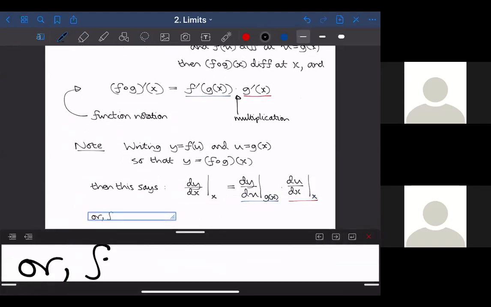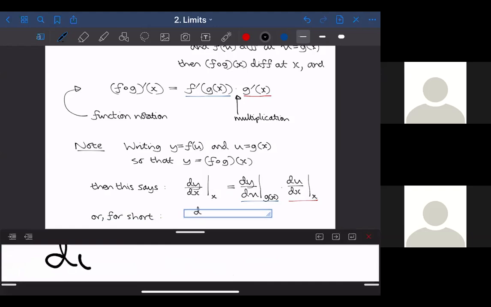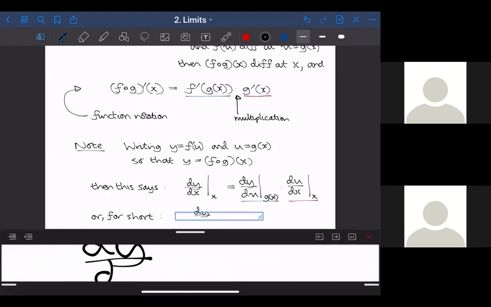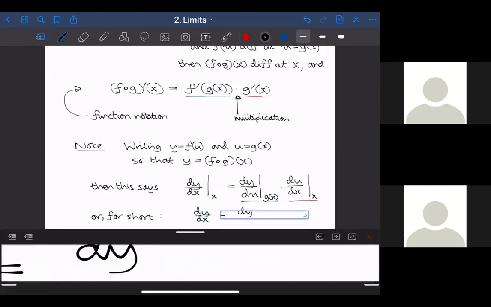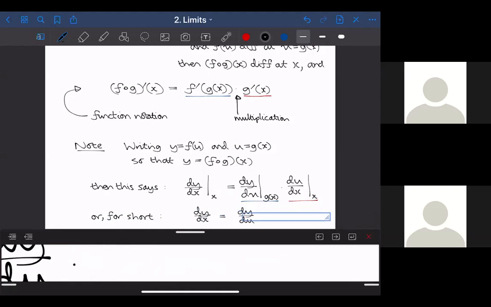Or, for short, I'll just write this formula: dy by dx is dy by du times du by dx. And we'll start the next class with some examples of the use of this formula. Okay, thank you.